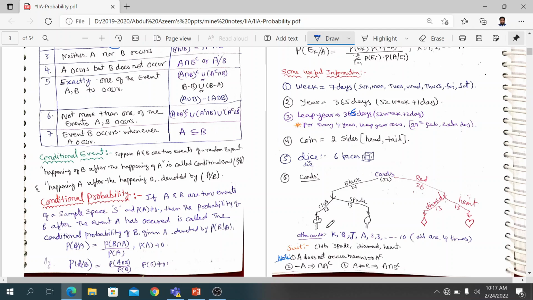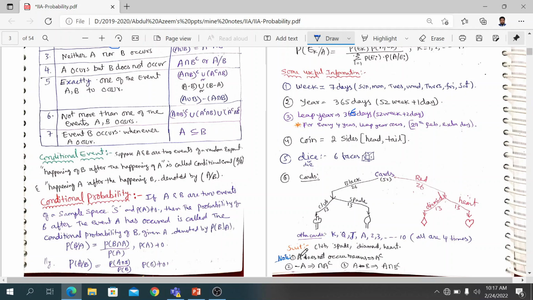King is present in club, spade, diamond, heart. Queen will be present in club, spade, diamond, heart. Jack will be present in club, spade, diamond, heart. That's why all 4 types. Suit means club, spade, diamond, heart.